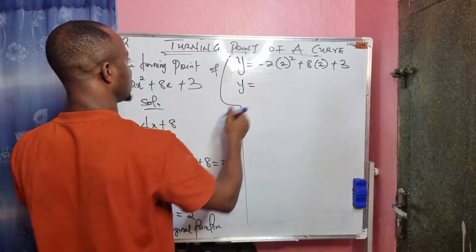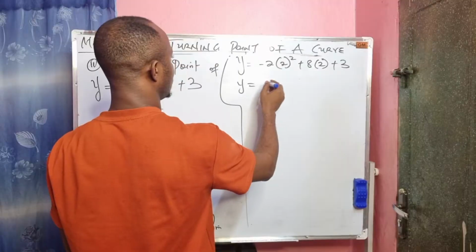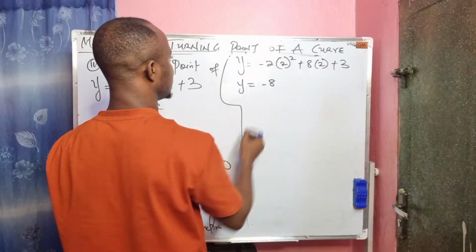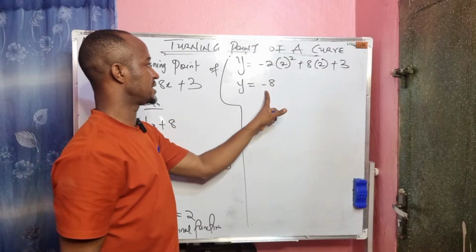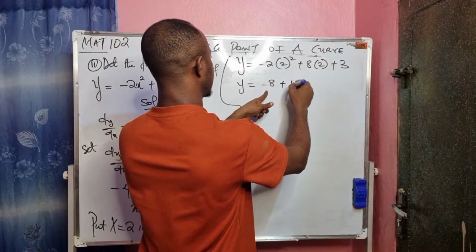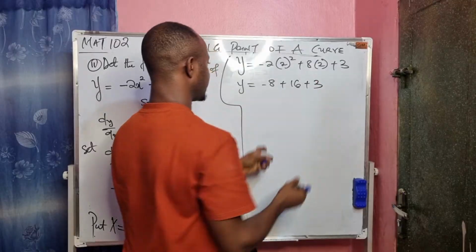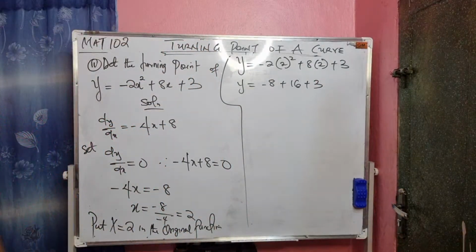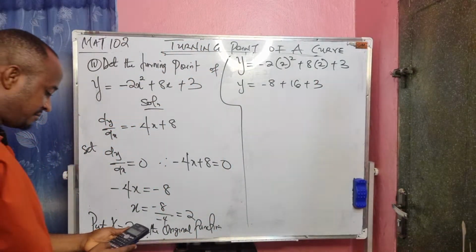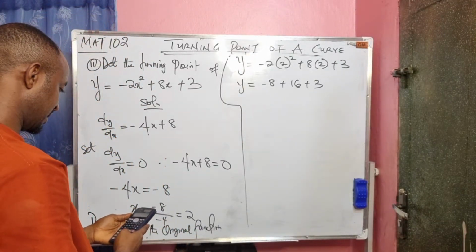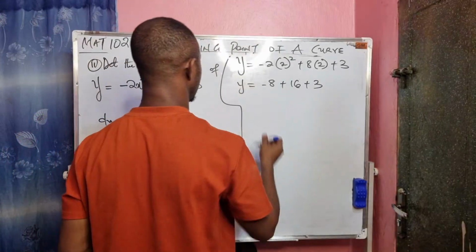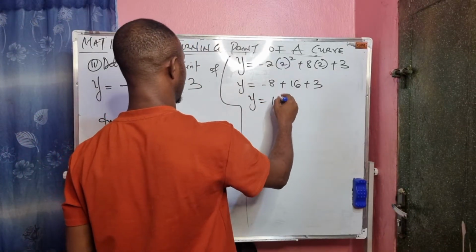So y becomes -2 times 4, since 2 squared is 4, which is -8. Then 8 times 2 is 16, plus 3. So we have -8 + 16 + 3 is 11. So our y is equal to 11.